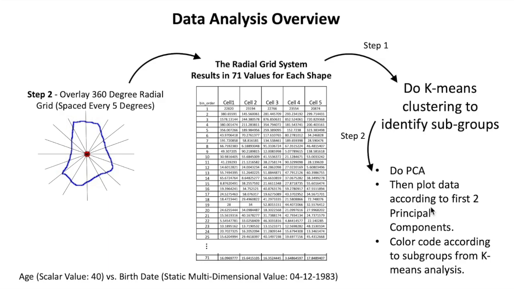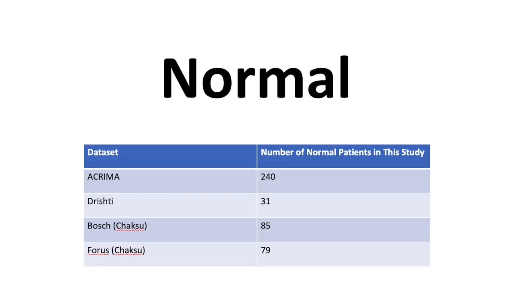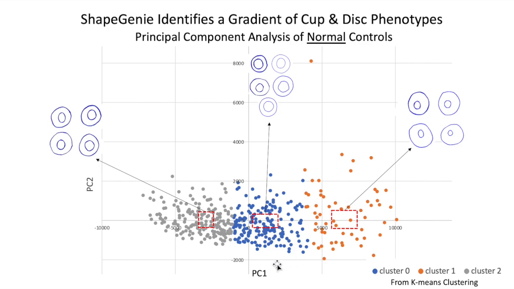We then plot the data according to the first two principal components while color coding the samples according to the k-means subgroups. Let's first talk about our normal patients. And here are the 4 data sets that we analyzed and the number of normal patients in each that we selected. So here's a plot of the first 2 principal components of the normal samples.